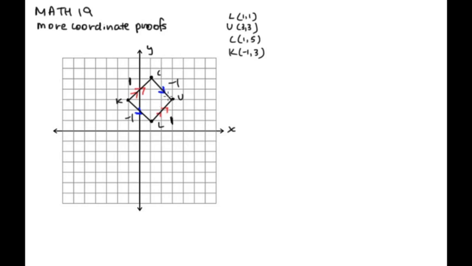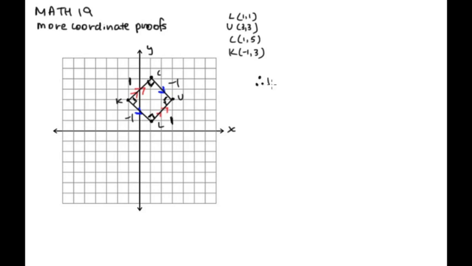Now, you might notice that CU and LU and all these vertices are right angles, and that's because the line segments are negative reciprocals. 1 and negative 1 are negative reciprocals, so that means that these line segments are joined together at right angles. They're perpendicular to each other.